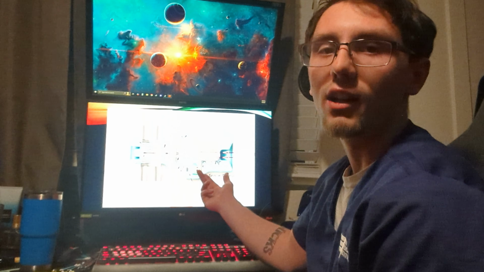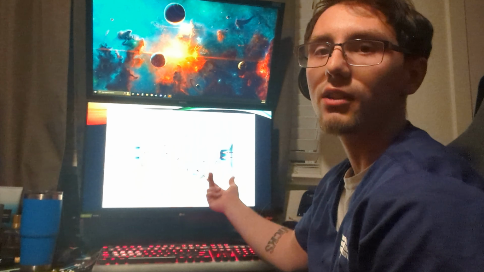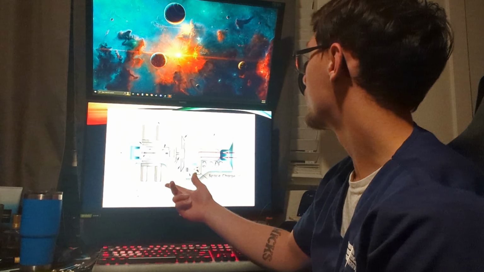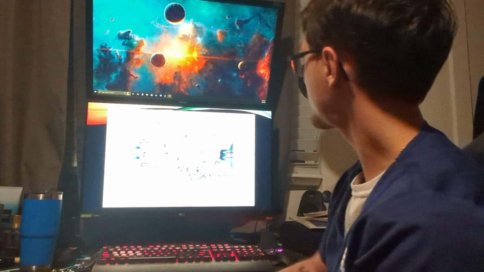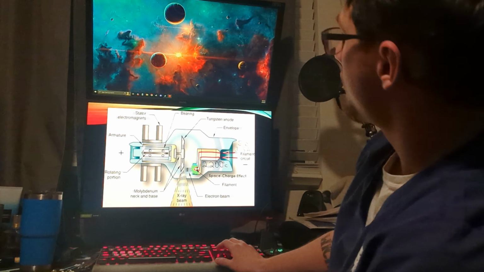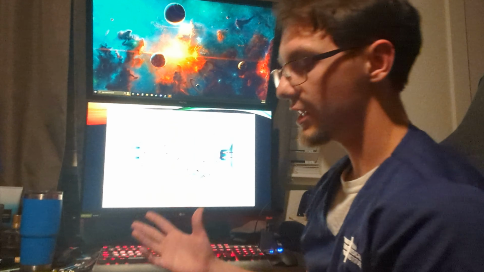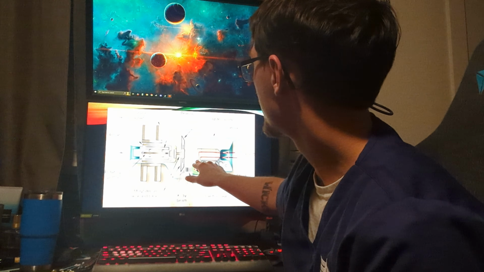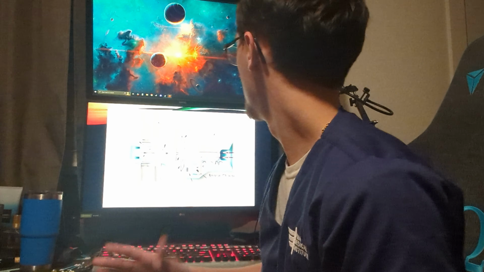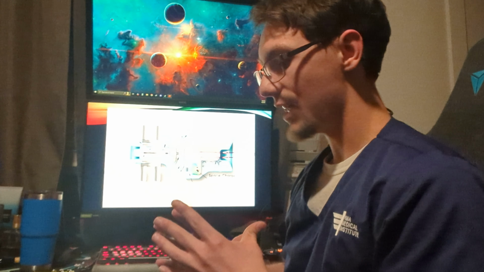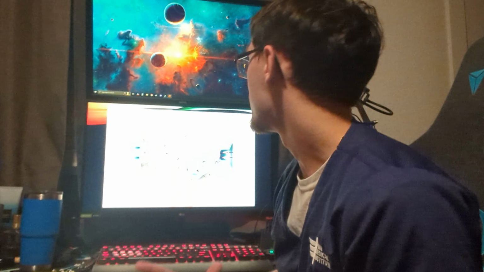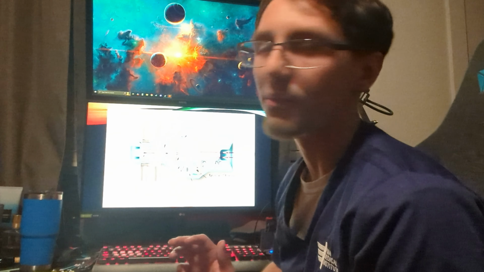These thermionic electrons are what actually will be turned into your X-ray photons once it gets sent over to the anode. Okay, so those thermionic electrons will start to gather on the end of the filament here, and then the focusing cup, which is a negatively charged nickel part, will push together all of those electrons through the repulsion attraction law, and it'll make a very dense thermionic cloud of electrons that will eventually be sent over to your anode.